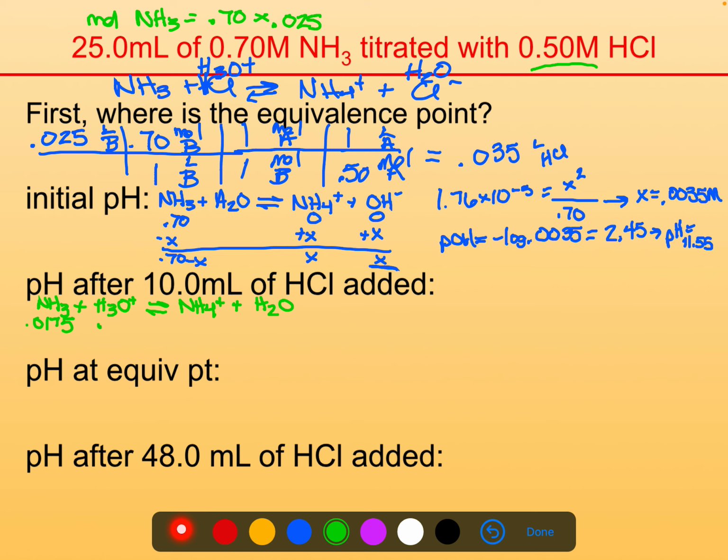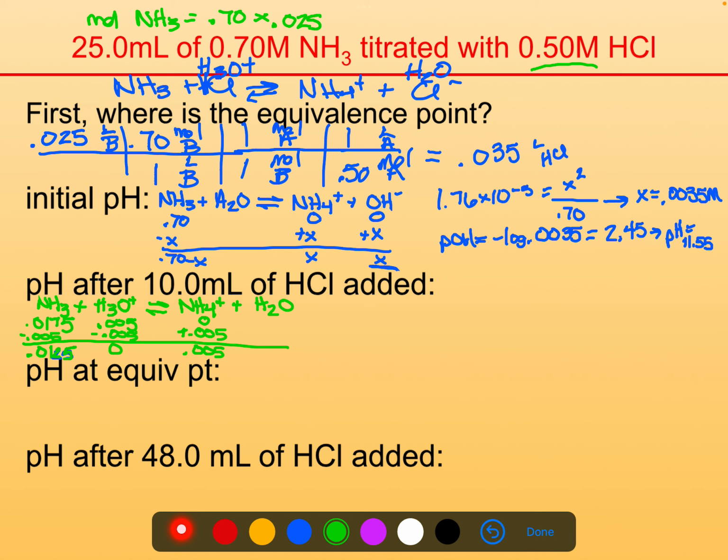So this would be 0.005 moles of acid. And we have none of our conjugate initially. So remember, the whole goal is for the acid to get down to 0. So this would decrease by 0.005. The product would increase by 0.005. And our ammonia would end up being 0.0125 moles.